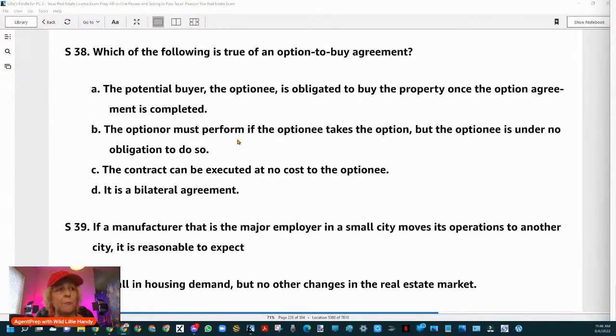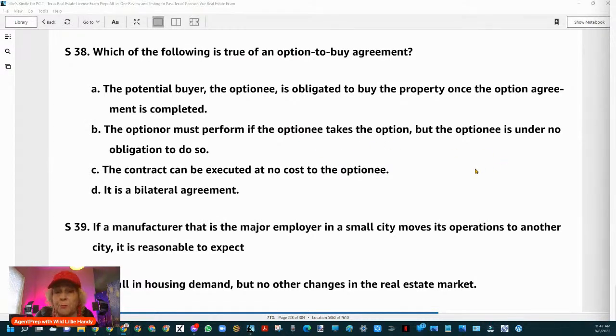The optioner, the owner or the seller or the lessor, must perform if the optionee follows through with the option. But the optionee is under no obligation to do so. The option period could be in the contract.